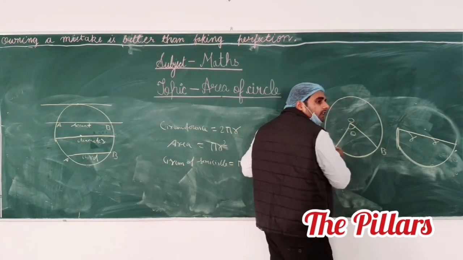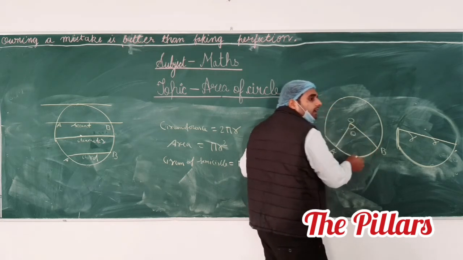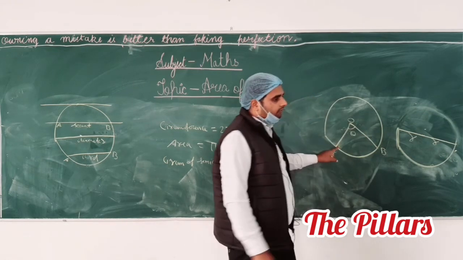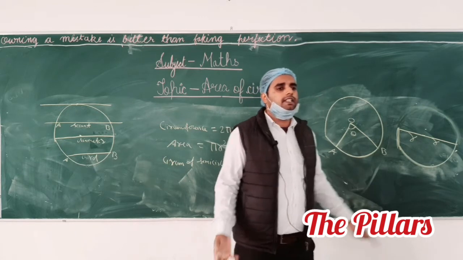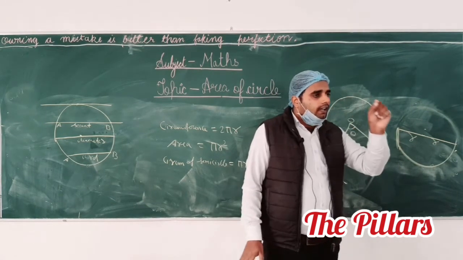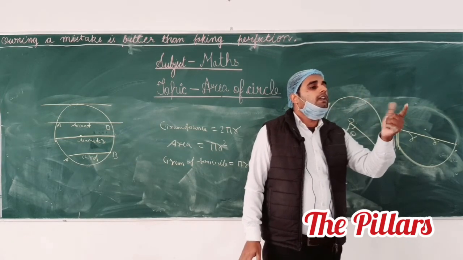The angle made by the arc AB is AOB. This angle is theta. This is said to be the central angle. AOB is the central angle. Whenever anyone asks what is the central angle, you have to say that the angle made by any arc at the center is said to be the central angle.